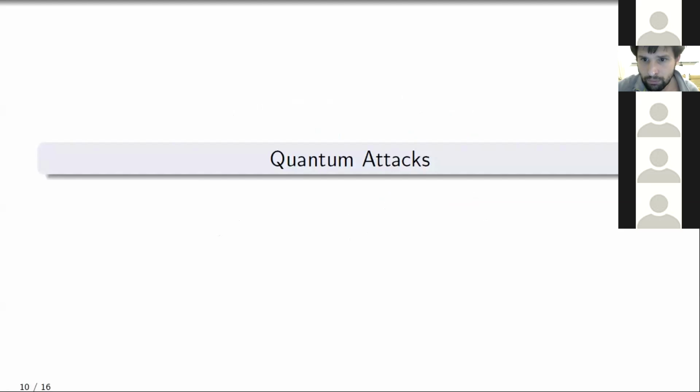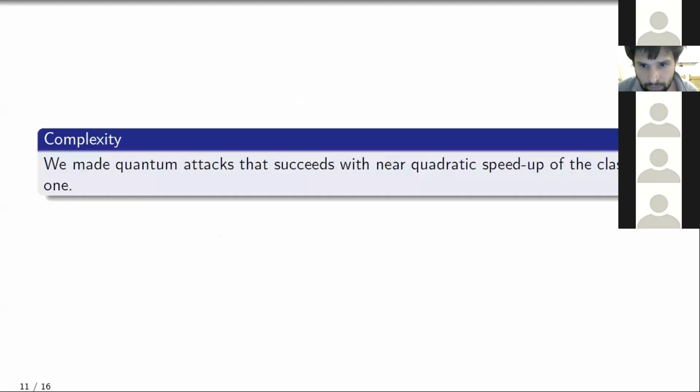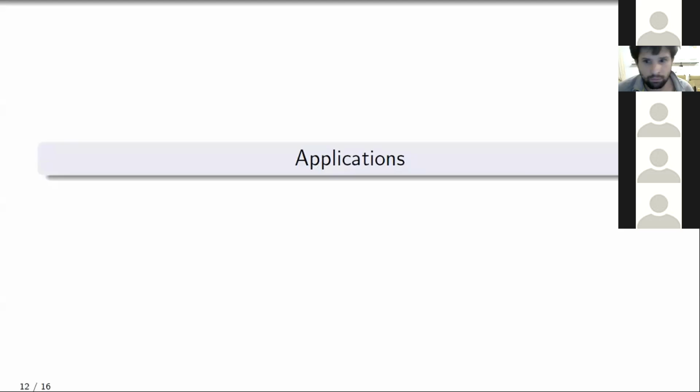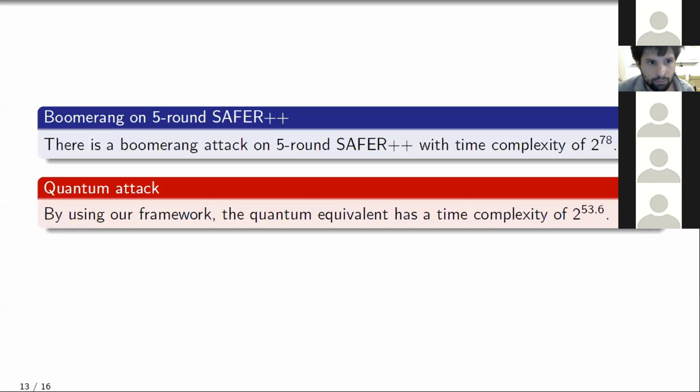Then we made quantum equivalents of those two attacks, and on each of them we made a quantum version that succeeds with a near quadratic speedup over the classical version. And there are more details in the paper. So we made applications. The first one being on a 5-round Cipher plus. And there is a classical boomerang with a time complexity of 2 to the 78.